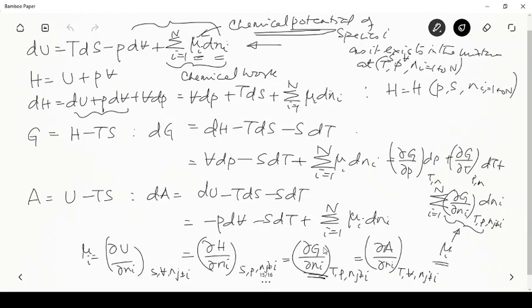So that is basically what we understand. So the chemical potential of species i as it exists in a mixture at constant temperature, pressure, and Nj is defined as the partial molar Gibbs function of the species i as it exists in the mixture. Right? So that's the thing that we understand.